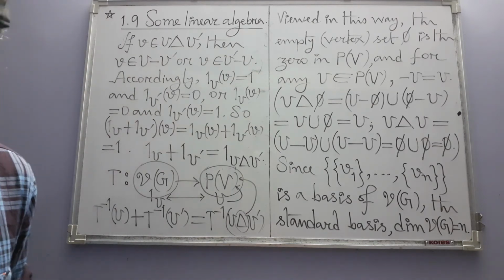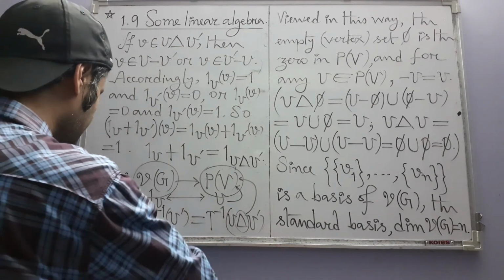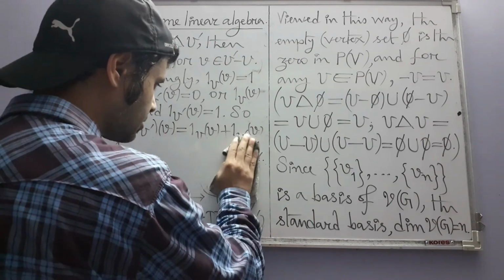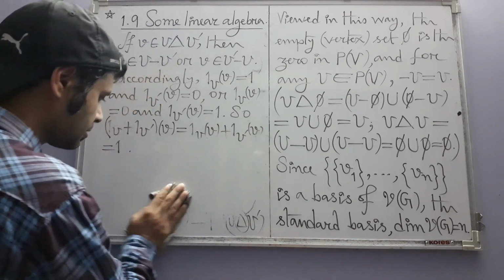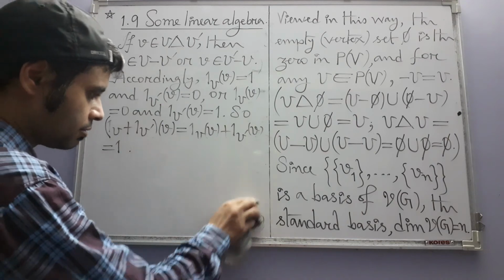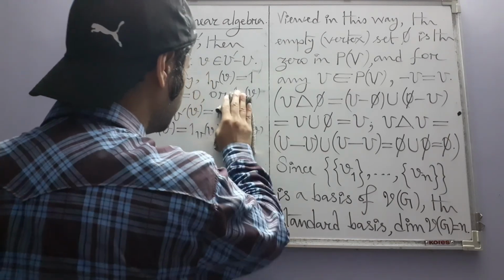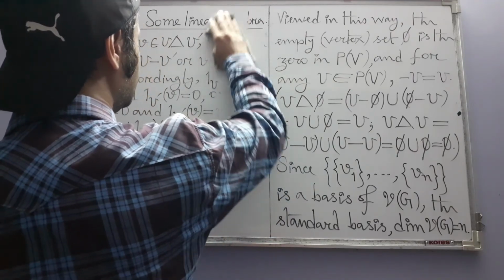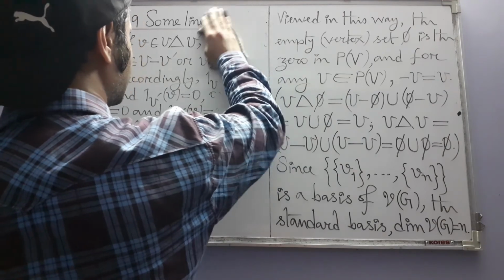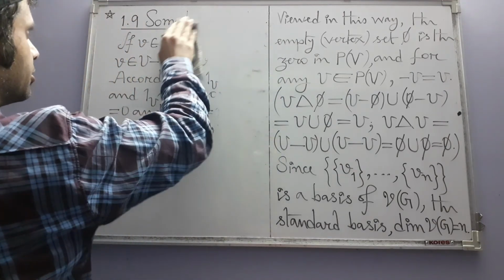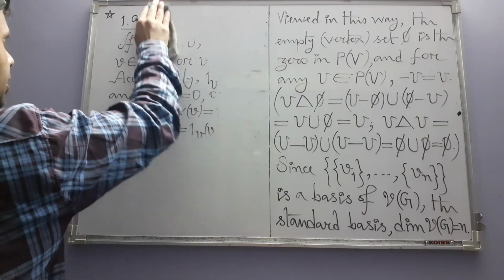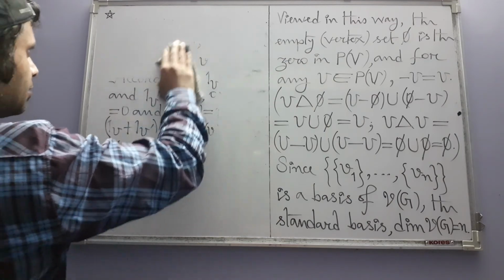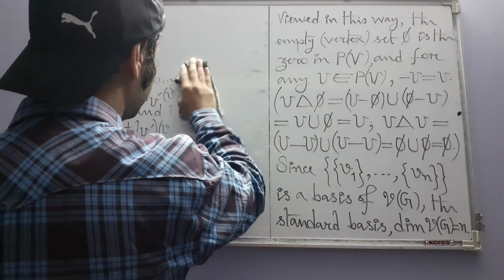See, immediately after saying that we can think of our vector space nu of G as just the power set P of V of the vertex set of the graph, the author has actually done that here. Because the elements that you see in this basis are strictly speaking not elements in our vector space nu of G, but rather elements in the power set of V. So that identification between nu of G and P of V has been used here.